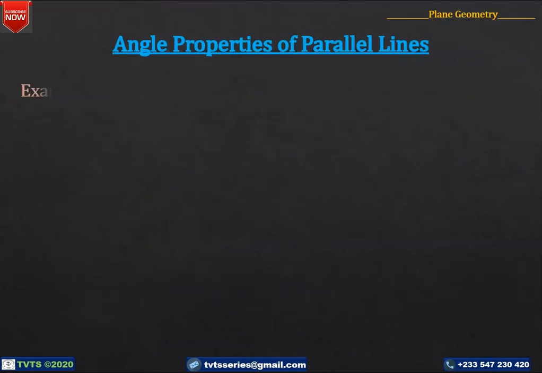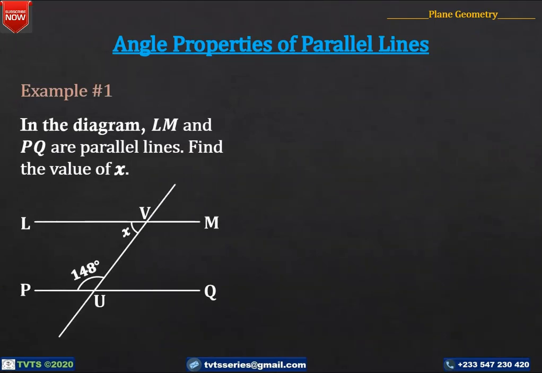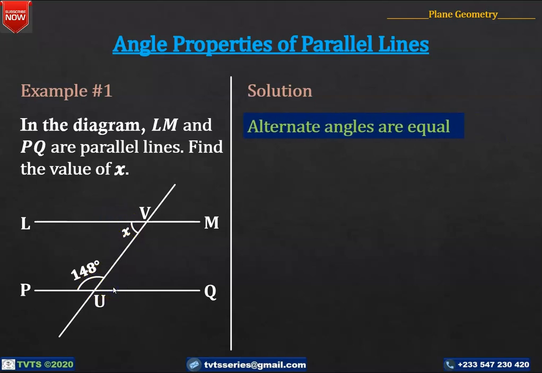Example 1. In the diagram, LM and PQ are parallel lines. Find the value of x. Solution. The first hint is that when a transversal crosses parallel lines, alternate angles are equal.